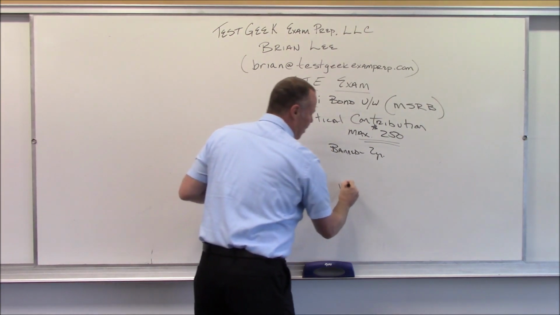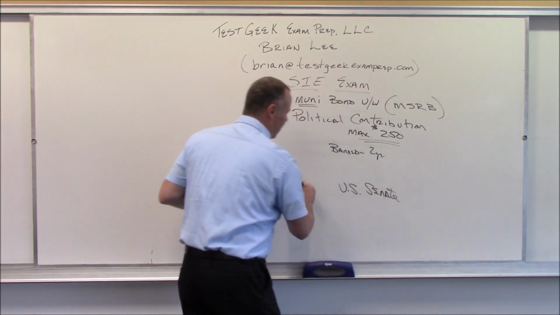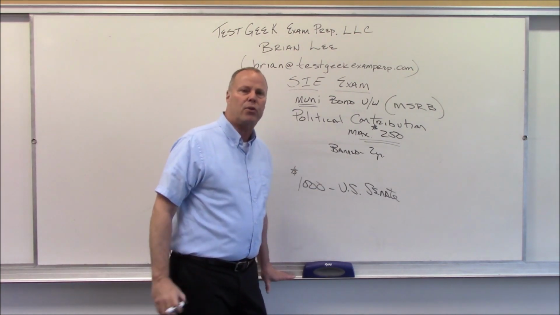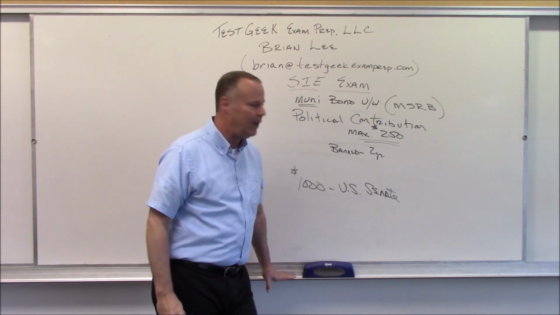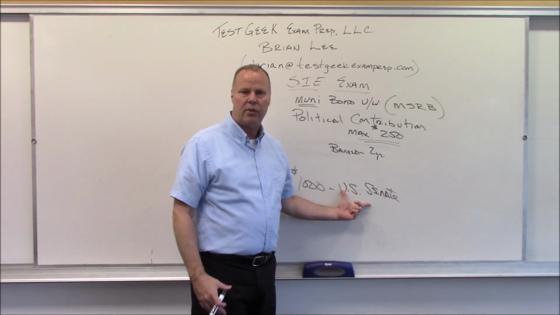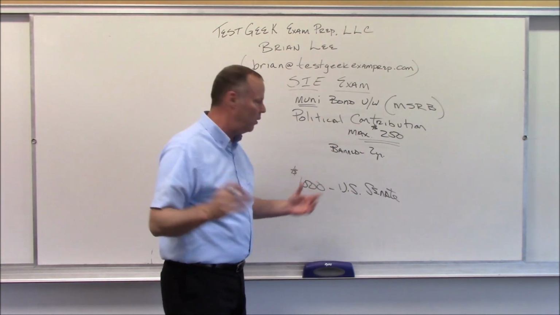So, what if you wanted to give a $1,000 contribution to a person who's running for the U.S. Senate in your jurisdiction? Well, that's not a municipal entity, right? State, city, county, that kind of thing. That's more federal.